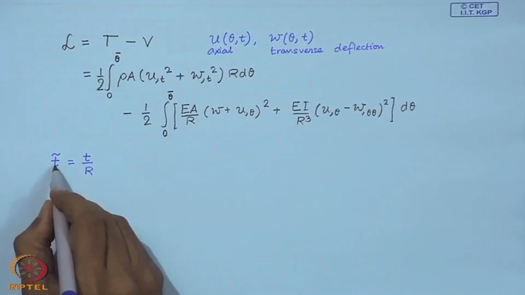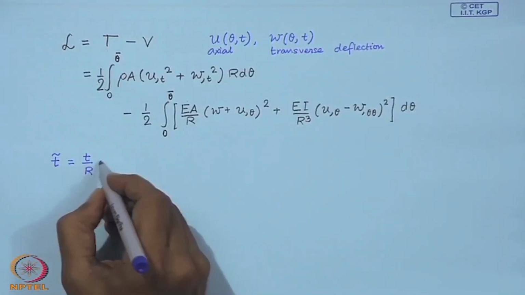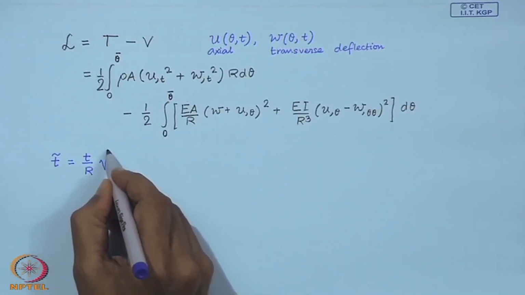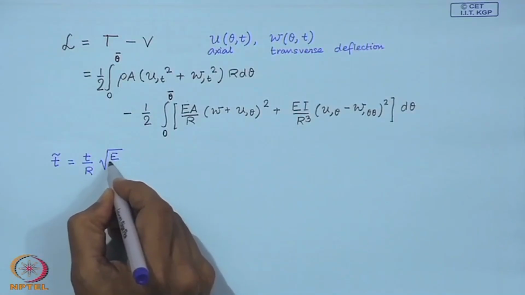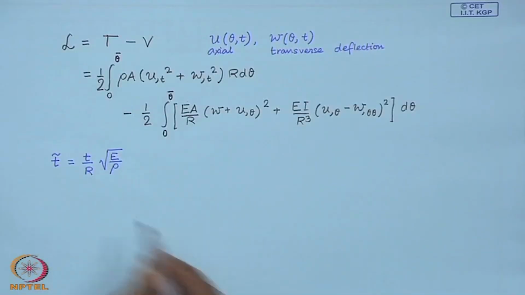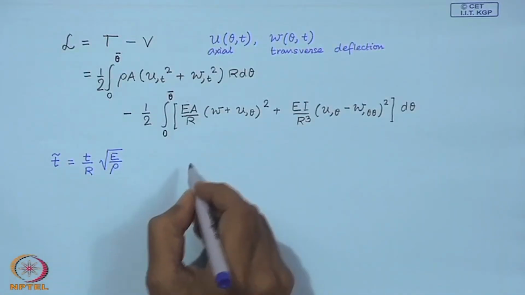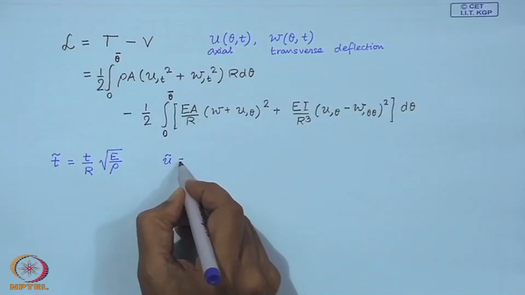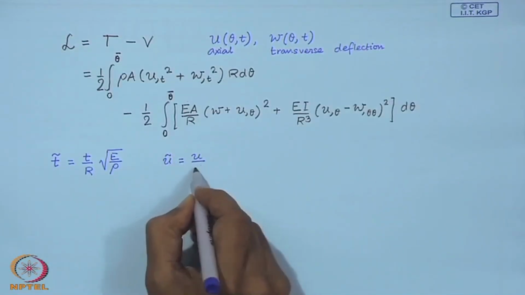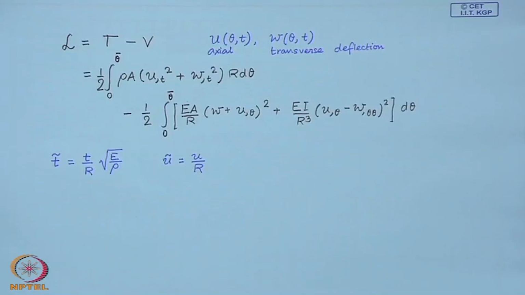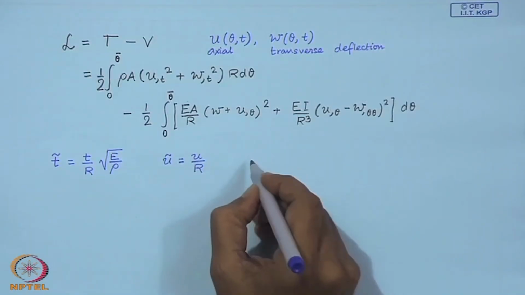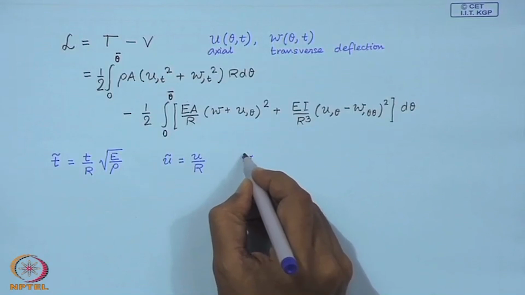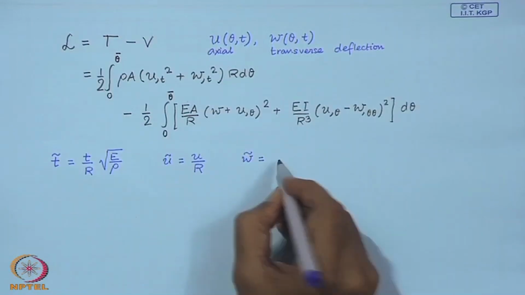The time is non dimensionalized, so t tilde is the non dimensional time, u is non dimensionalized using the radius of curvature of the beam. Similarly, w was non dimensionalized.